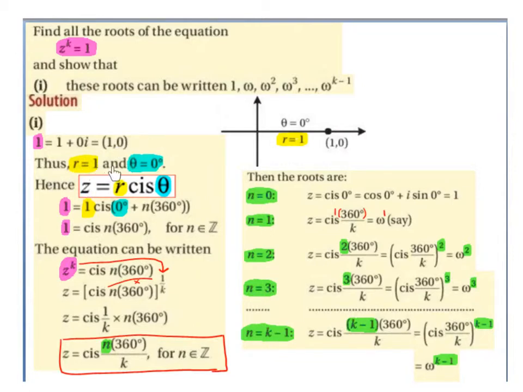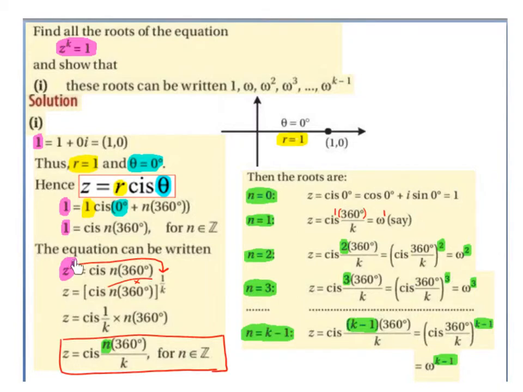Hence z is equal to r cis theta. So we're going to let 1 equal 1 cis (0 degrees plus n times 360 degrees). Since 0 plus 360 degrees is 360 degrees, we get 1 equals cis (n times 360 degrees) for n an element of the integers. So the equation can be written z to the power k equals cis (n times 360 degrees).